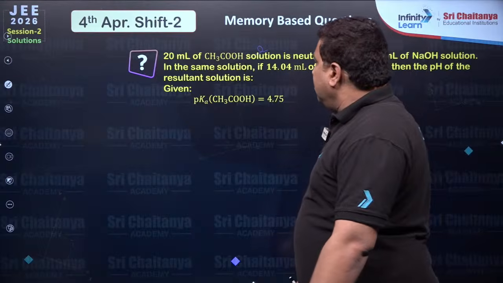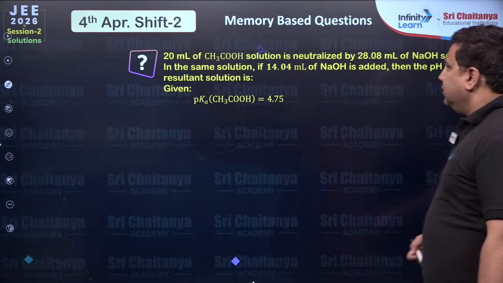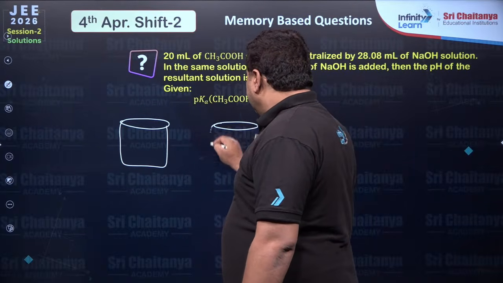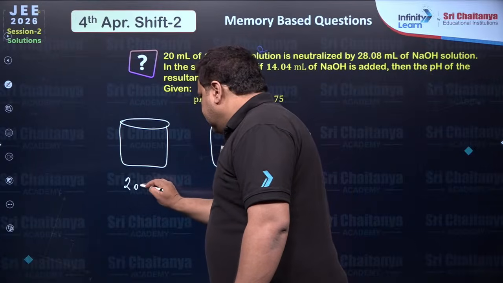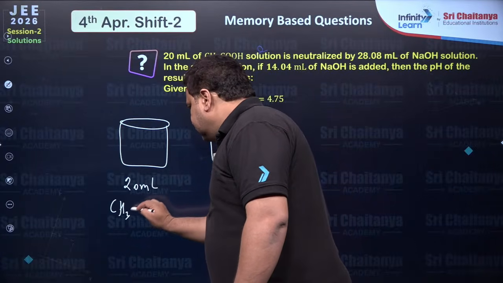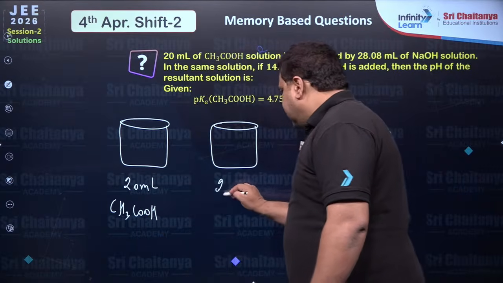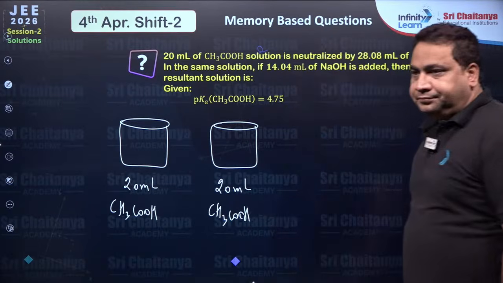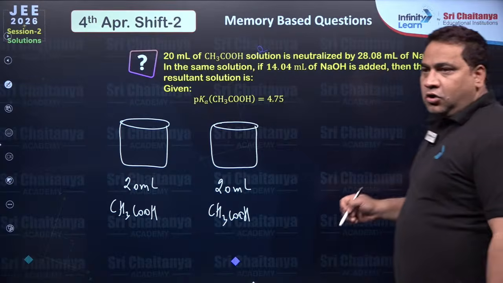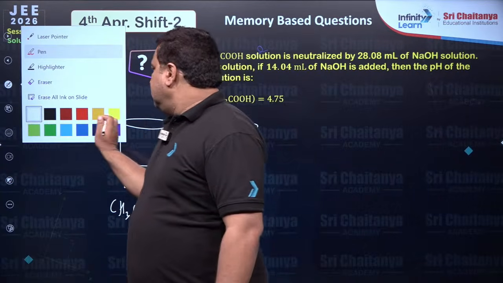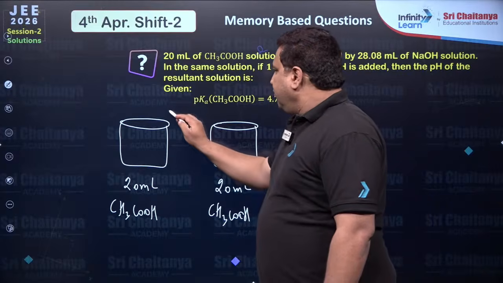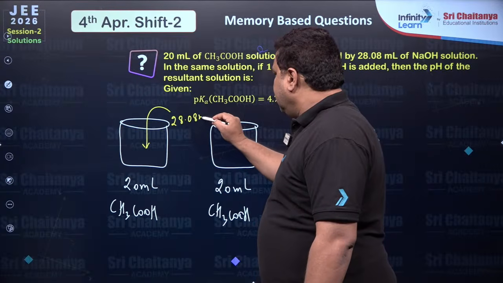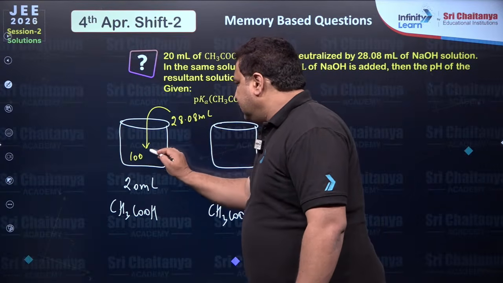Right. Now you can see 20 ml of acetic acid solution is neutralized by... So take 2 beakers. In this you can take 20 ml of acetic acid and here you can take 20 ml of acetic acid. Correct everyone? Now in this when you add 28.08 ml, then it is 100% neutralized.